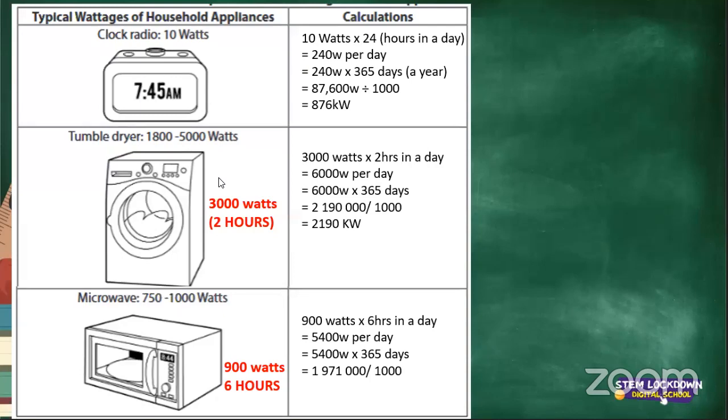We divide it by 1,000 to get how much we're using throughout the year in kilowatts, right? And we get 1,971. So that was basically the calculations of how we calculate kilowatts, just to find out how much of this energy we're actually utilizing in our homes.